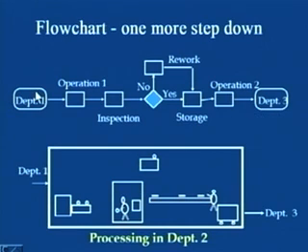So, what is happening between department 1 and department 3, how the material moves, operations, inspection, whether operation 1 is right or wrong: if it is right we go for the storage, if it is no we go for the reworking of the operation, and finally, it leads to the storage. Then we go to the next operation and then it reaches department 3. This is how step by step we keep exploring the situation, we keep exploring the movement of the material from the starting point till the finishing point.